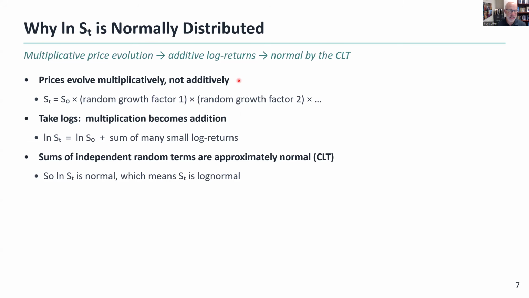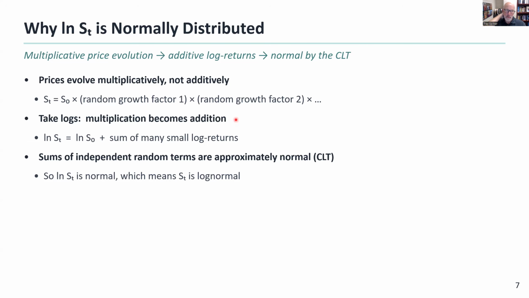So, said differently, the share price in the future is equal to the share price today times some random growth factor, whatever it is, up 10% times down 10%, and so on. And so the multiplication of random factors corresponds to the addition of their logs. So this is just log normal math.